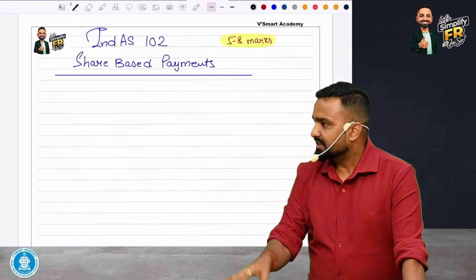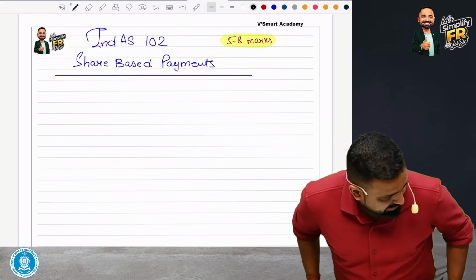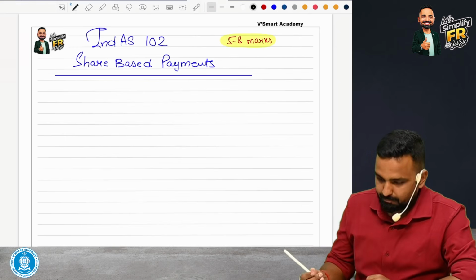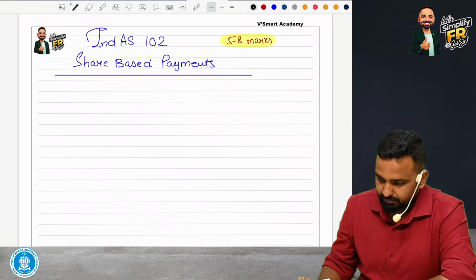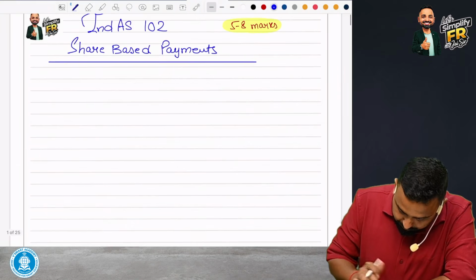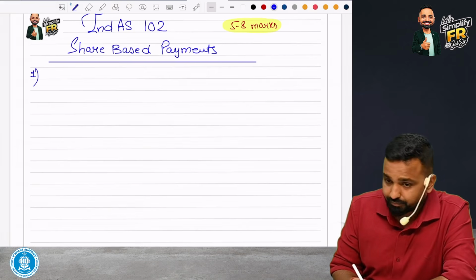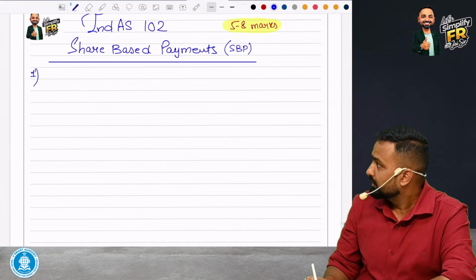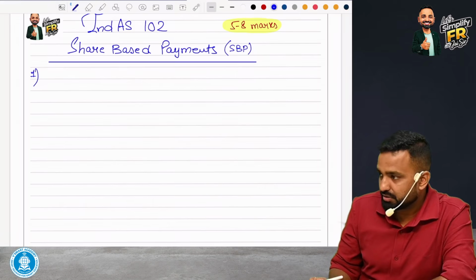Okay, whatever we have discussed, can we write it first? First point. The short name is SBP, share-based payment. I will use short words.